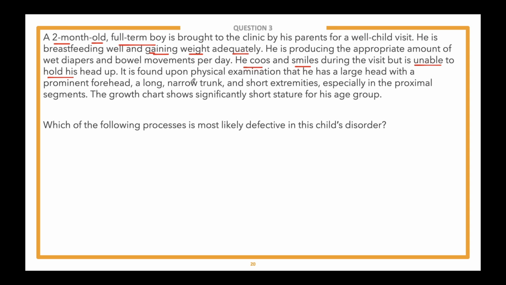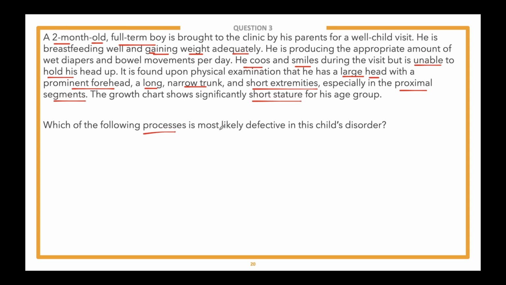Okay, unable to hold his head up. And then some physical exam findings. He has a large head, prominent forehead, long narrow trunk, and short extremities, especially the proximal segments. So a lot of important physical exam findings. Per growth chart, he is considered short stature.